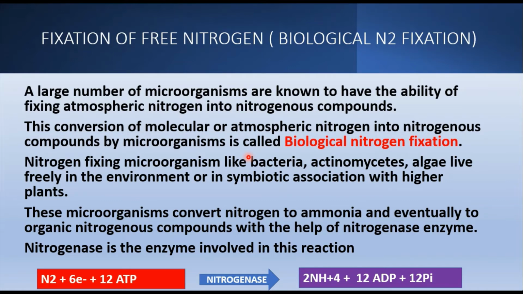Here a large number of microorganisms are known to have the ability to reduce the atmospheric nitrogen into nitrogenous compounds. And this conversion of molecular or atmospheric nitrogen into nitrogenous compounds by microorganisms is called biological nitrogen fixation.